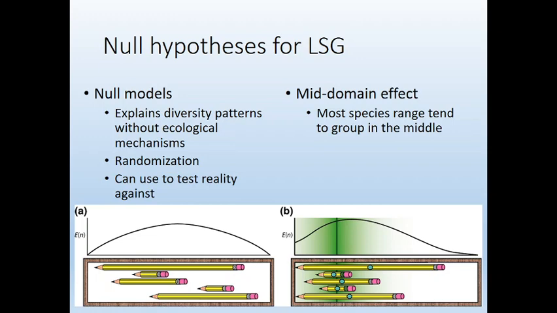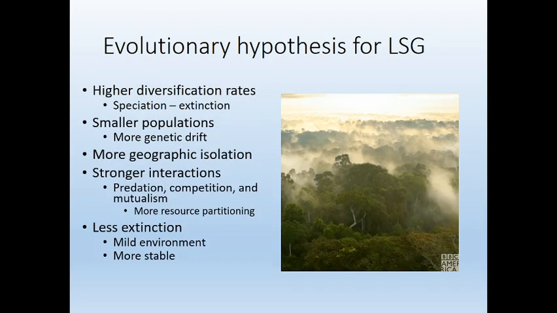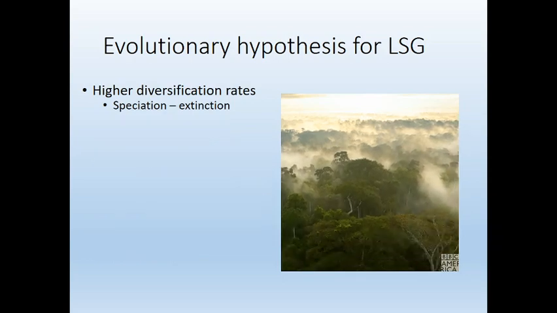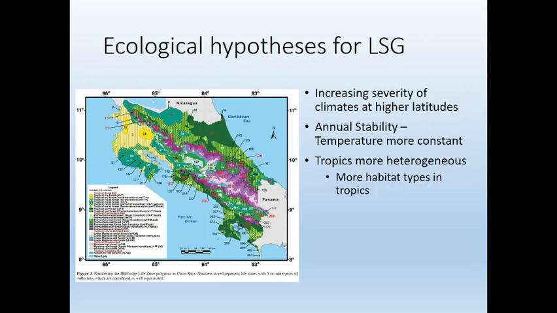But these null models that we oftentimes use compare to see if we have the mid-domain effect, to see how our reality, how the actual species diversity or whatever you're looking at, compares to that null model, and that allows us to get some insight without having to think of all of these evolutionary hypotheses, historical hypotheses, ecological hypotheses, right?